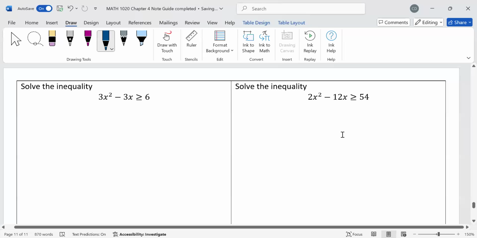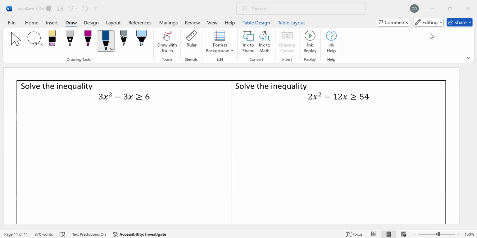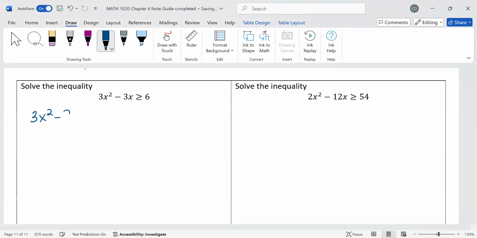All right, we're going to look at solving the inequalities. I'm just going to show you the easiest way to do this. We're going to set it up as an equation, and we need to move everything to one side.